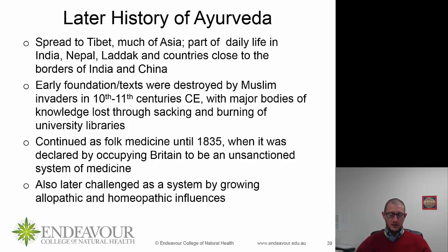So Ayurveda really spread out of India originally through the countries closest to India's borders, so into the neighbouring countries first. The destruction of the university libraries left actually only the Tibetan translations of Ayurvedic texts, which were luckily able to retain that knowledge and get translated again.